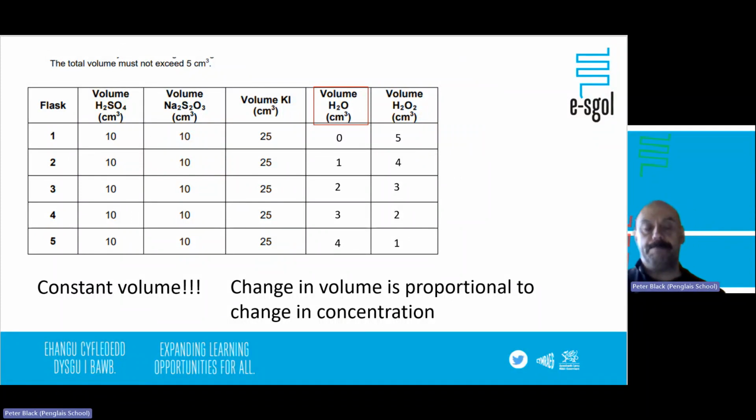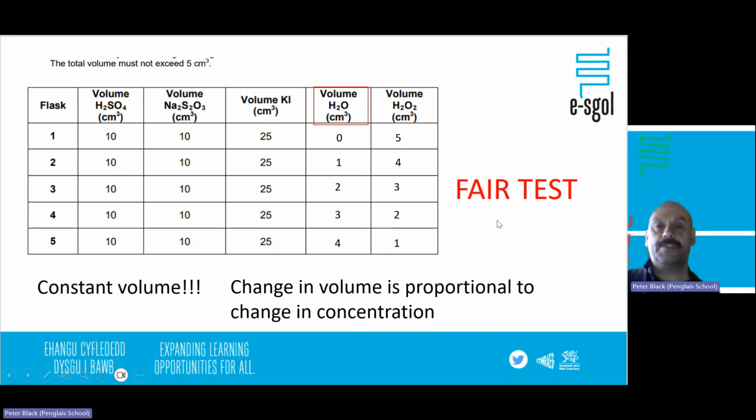Funny enough, I've been talking to my year 12s about this recently. It's not just that it allows the change in volume to be proportional to the change in concentration, which it would be. So if you double your peroxide, you're doubling its concentration. There's something actually even more important than that.